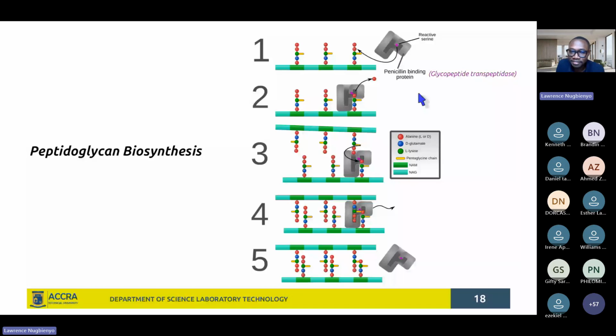That's what it does. But because it is that enzyme which is targeted by the antibiotic penicillin, it is also sometimes referred to as penicillin binding protein. But as an enzyme, it is glycopeptide transpeptidase.